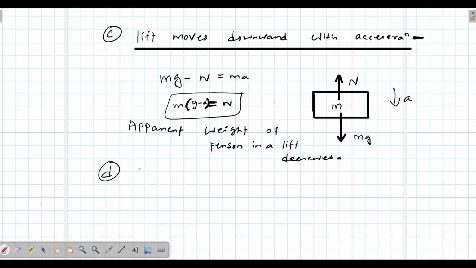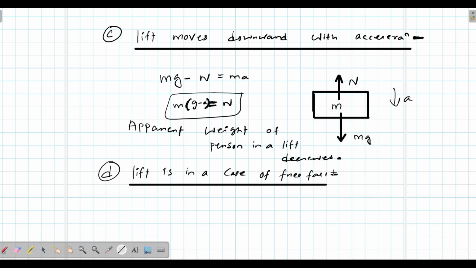Lift is in a case of free fall. In this case, A equals g.